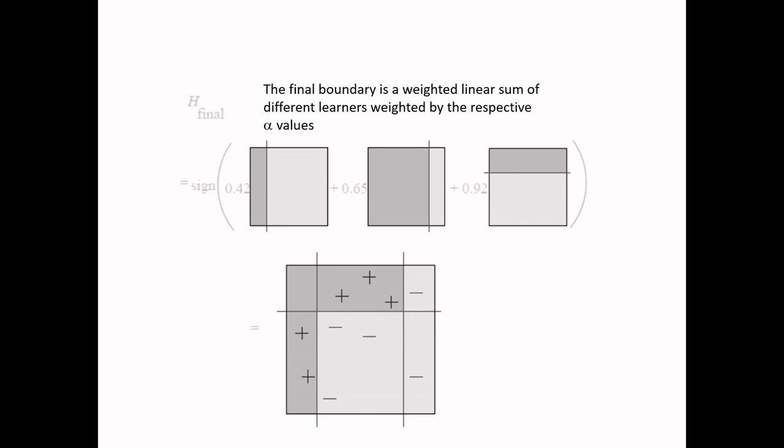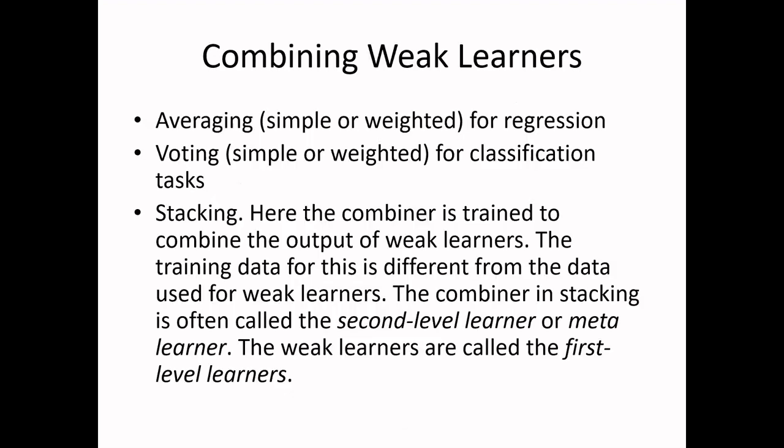That is, you build these classifiers sequentially, focusing on examples that were not dealt with nicely by the prior model or prior learner, all right? So that's the approach that is followed. As we saw in this example, one can combine these weak learners in a number of ways.